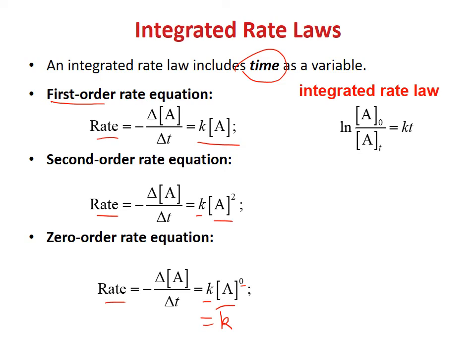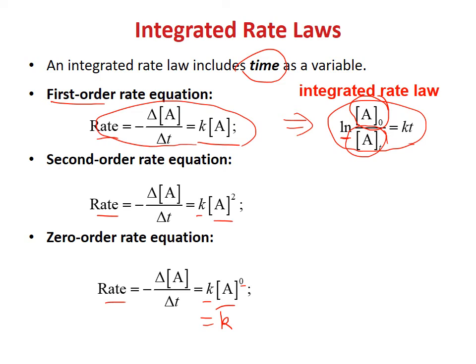So this is the rate law for a first order reaction, and this is the integrated rate law for the first order reaction. In this equation, the left side is the natural log. A naught is the initial concentration of A, and this is the concentration of A at a certain time.